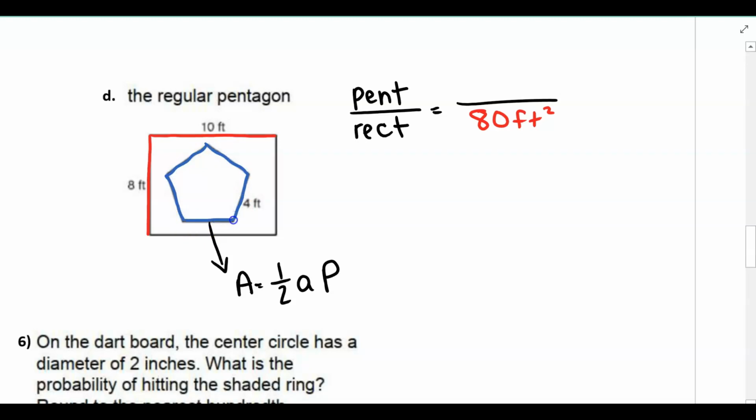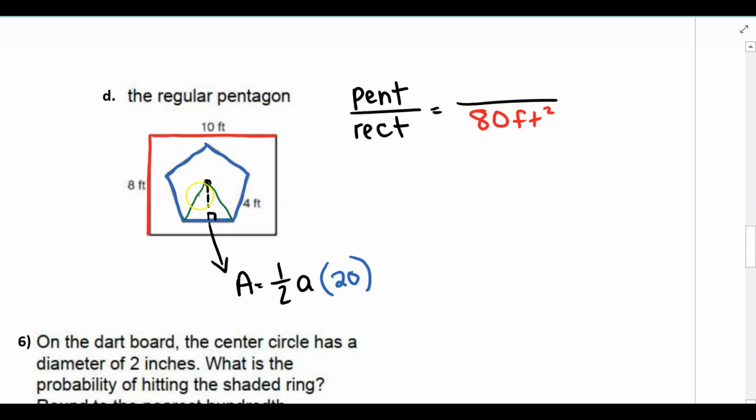So we need to know the apothem and we need to know the perimeter. Well, if one side is worth 4 and there are 5 sides, I know my perimeter is 20. But now we have to do that side work that we did in the last lesson or 2 lessons ago to find the apothem, right? If I think about the apothem as being from the center to the middle of the side in a perpendicular direction, we have to split this into a central angle.